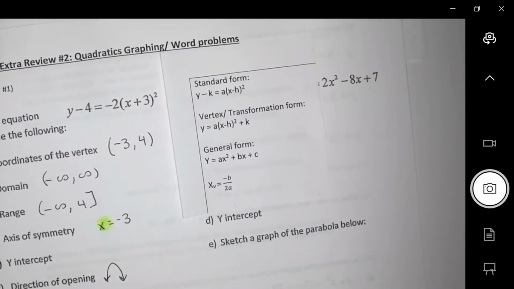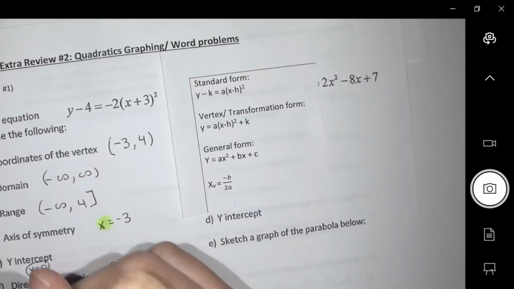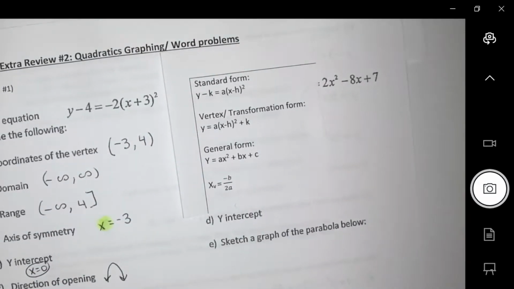Okay, y-intercept. Can you see what the y-intercept is right now? No. So we got to do some work. What is the work to get a y-intercept? X equals 0. So get the math going on that.